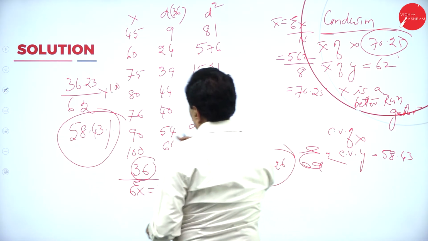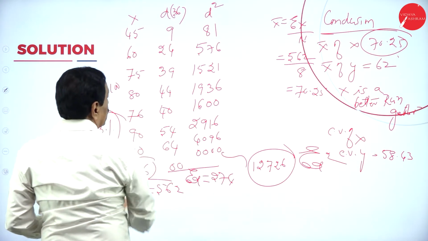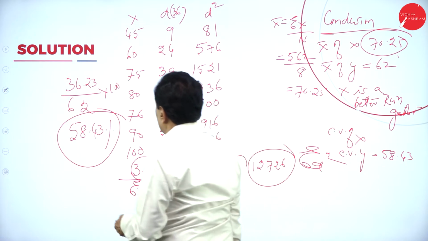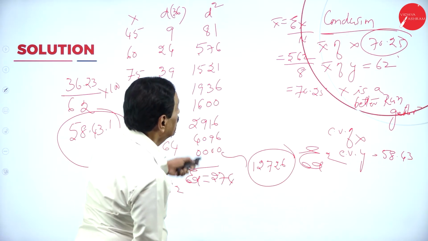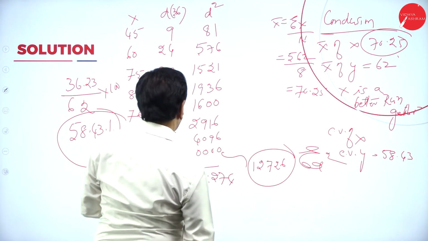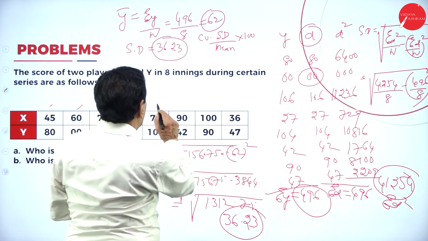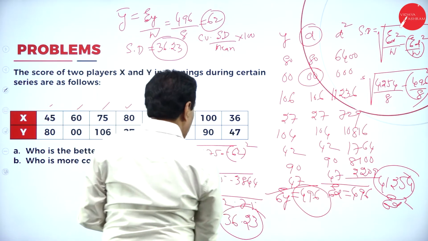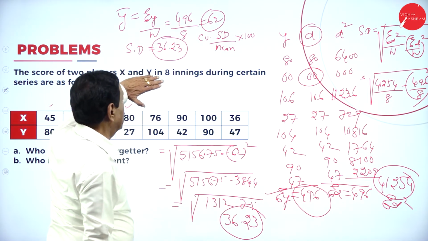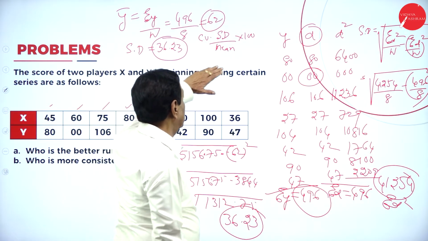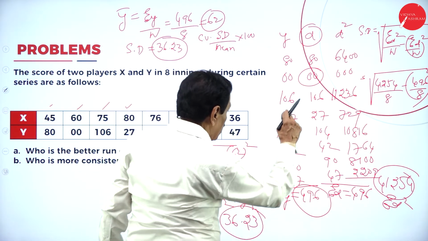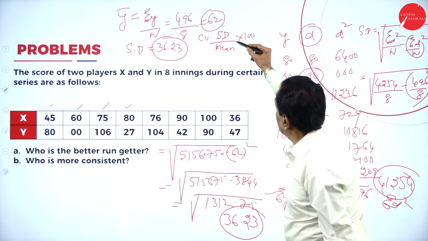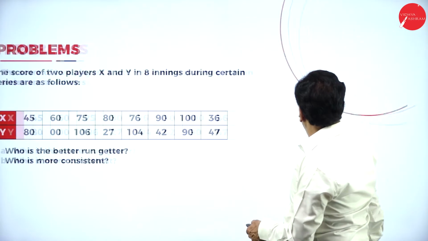Then come back to CV of Y. While calculating, the standard deviation is there, and you apply standard deviation divided by mean into 100. That's the formula.